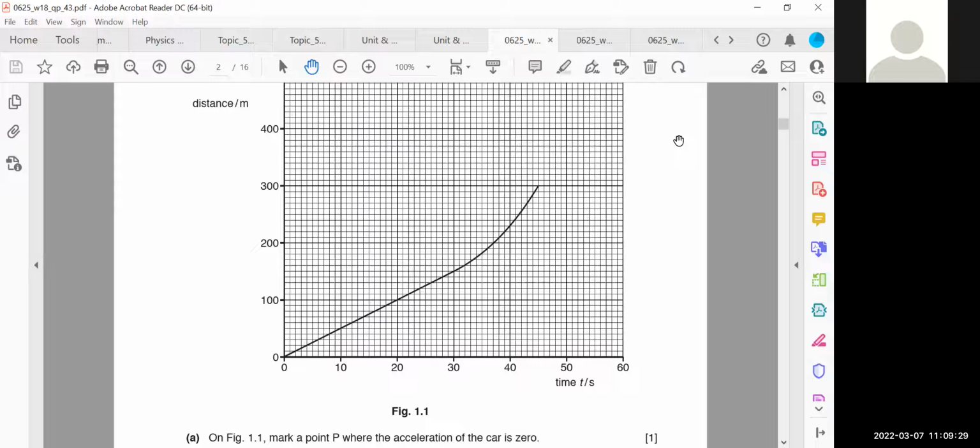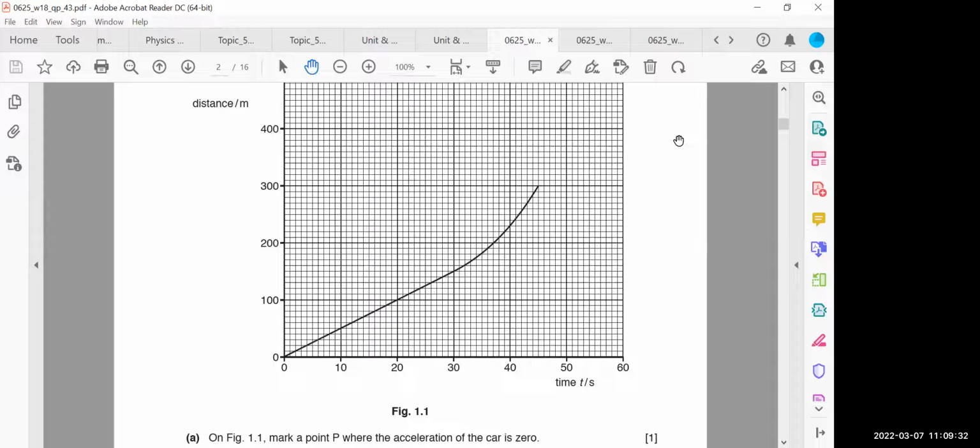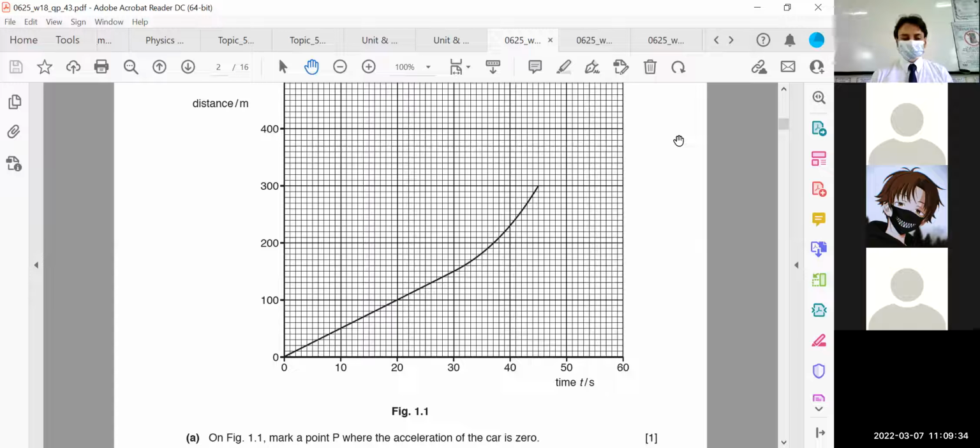This question is for Nicolin. Sir, I think the distance is 75 meters. So 75 divided by 15, which is equal to 5 meters per second.